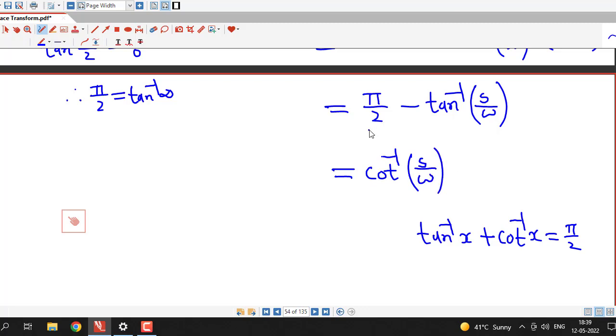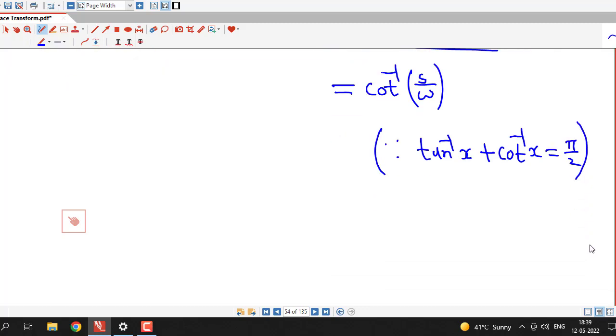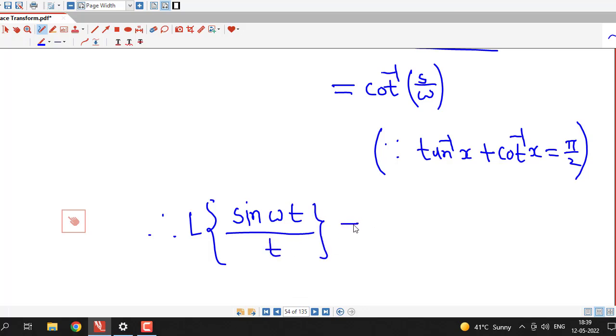So we can replace pi by 2 minus tan inverse s by omega by cot inverse s by omega using this property. So we have obtained the Laplace transform of sin omega t divided by t, which is cot inverse s divided by omega.